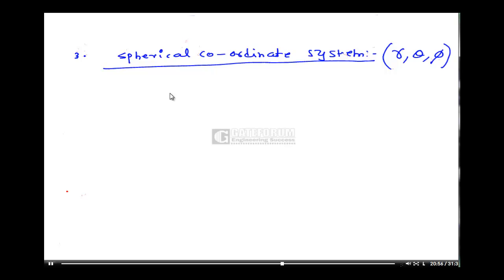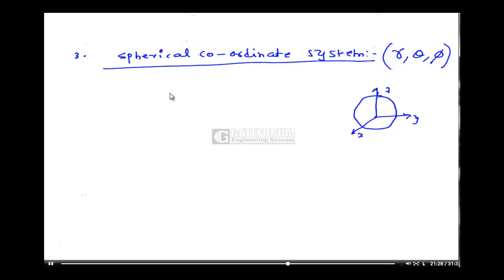Generally this spherical coordinate system is widely used when we are solving an electromagnetic problem having spherical symmetry. Suppose there is some spherical distribution, then this coordinate system is very useful to solve this type of problem very easily.